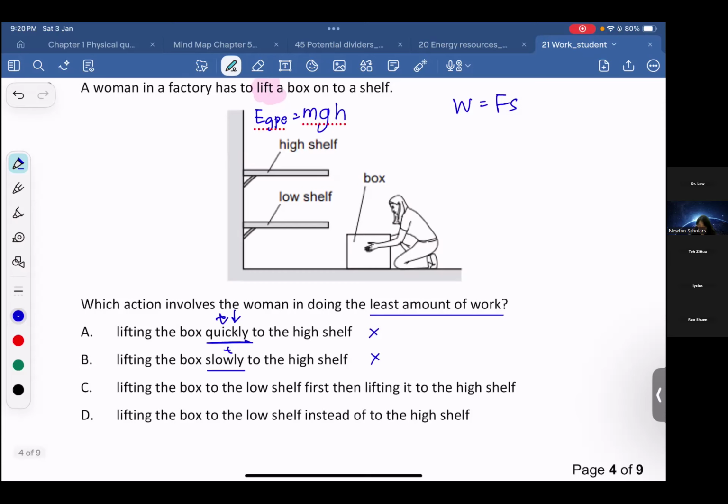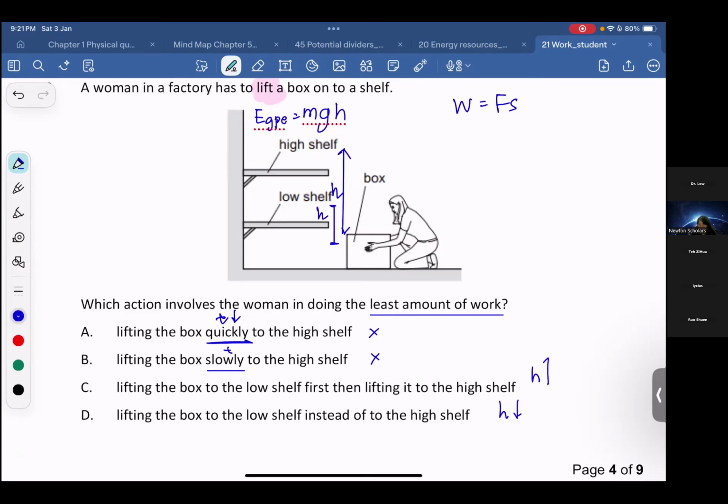Okay. Lifting the box to low here. Okay, low shelf. Then after that, lift to the high. So that means that in total, this is the height that you lift. Then D is lifting to the low. Okay, last one, D is actually the height is here. We lift until here only. So that means that the height is a lower height.